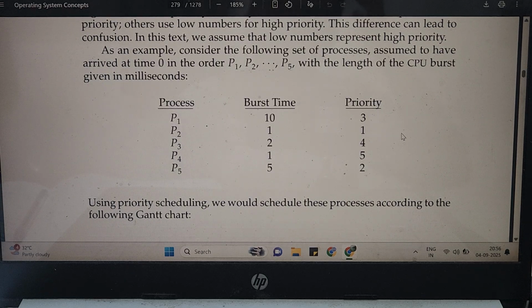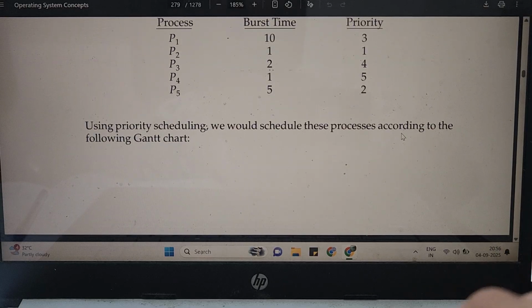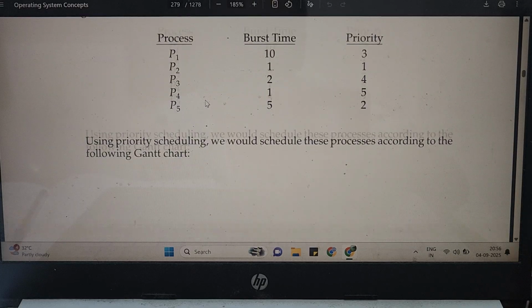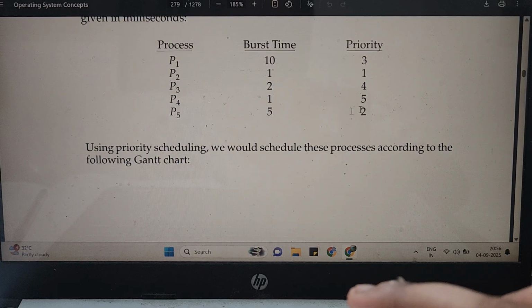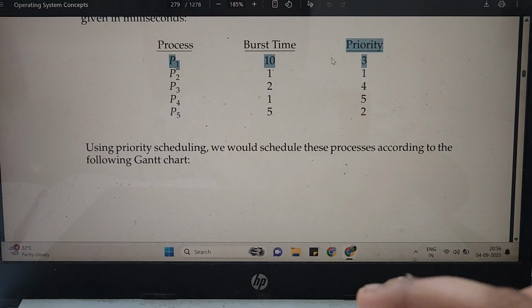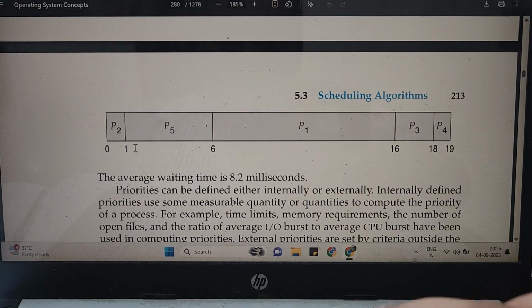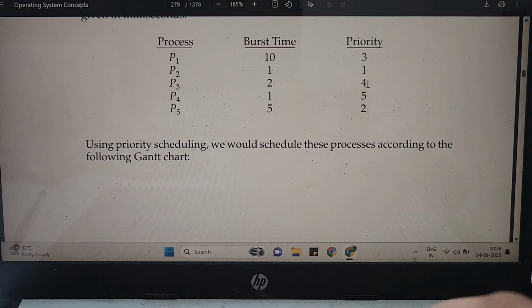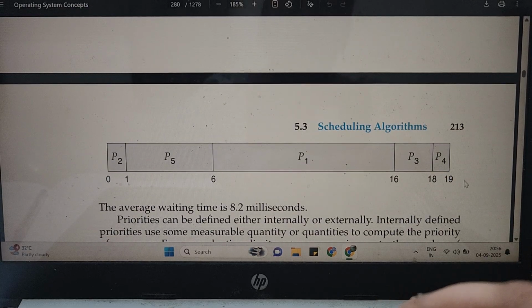We finish that off fully, then we go to the next task. So for this example, we will first work with process P2 for 1 unit, which is what is happening here, and then process P5 for 5 units, P1 for 10 units, P3 for 2 units, P4 for 1 unit.